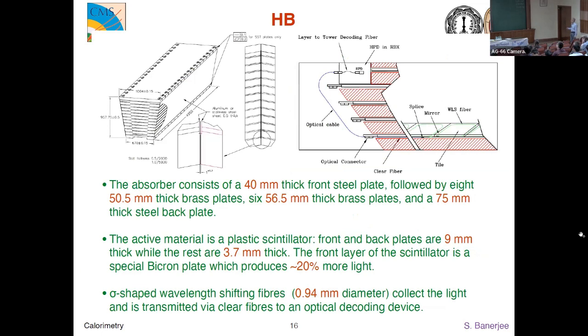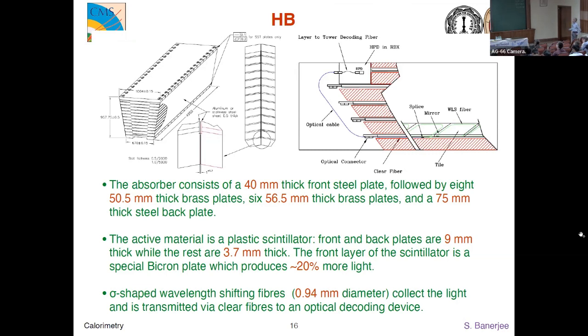So this is the hadron barrel. This is a typical picture of the hadron barrel, and you have a layer of absorber, and between two absorbers you insert a tray of scintillators. The absorber consists of a 40 millimeter thick stainless steel plate, followed by 8 layers of 50.5 millimeter thick brass plates, then 6 layers of 56.5 millimeter thick brass plates, and finally a 75 millimeter thick stainless steel backplate.